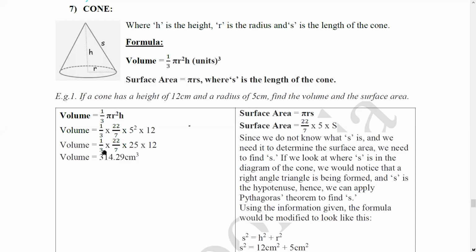So it's 1/3 by 22/7 multiplied by 5 squared, which is 25, because 5 squared is 5 by 5, multiplied by 12. So on your calculator, if you type in this entire thing, you will get the volume to be 314.29 centimeters cube.